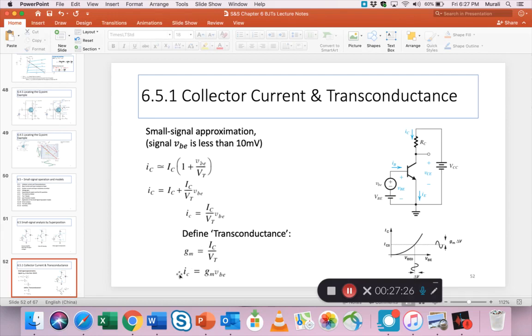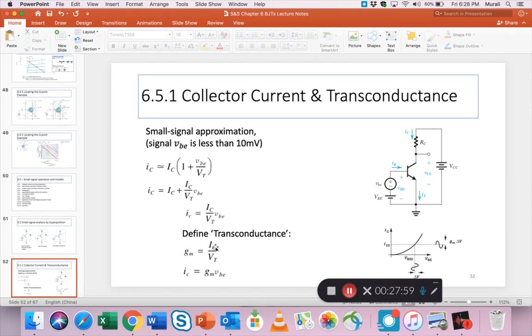Once we have Gm, we can say that the small signal component of the collector current output is Gm times VBE. So we are actually connecting the input voltage signal to the output current signal through this factor called transconductance, right?